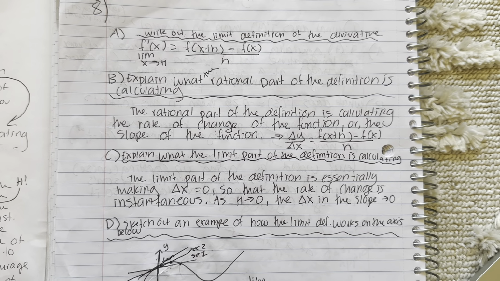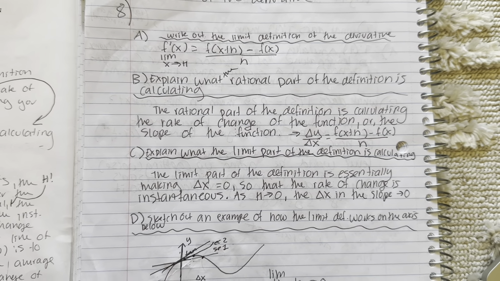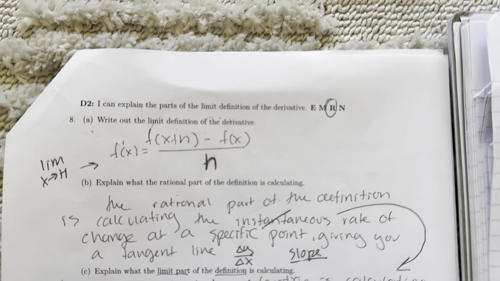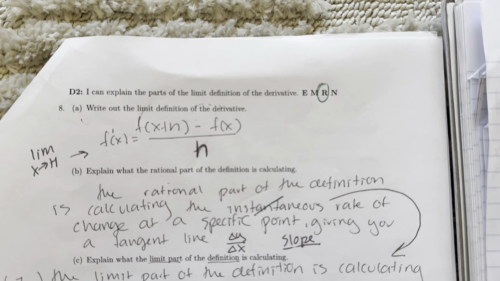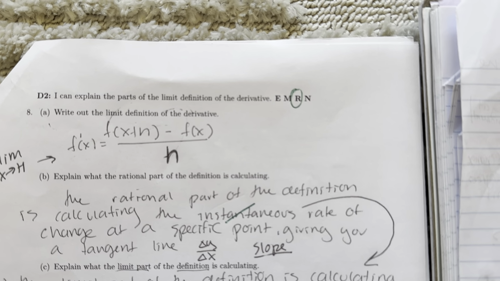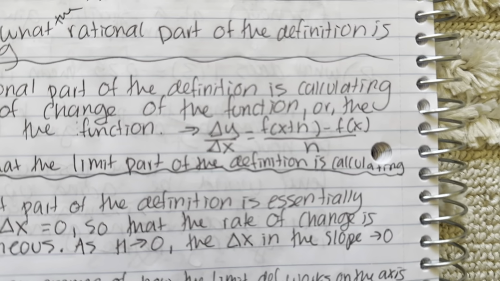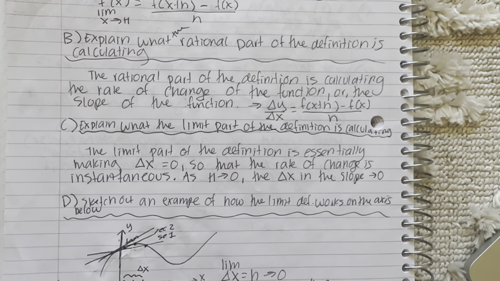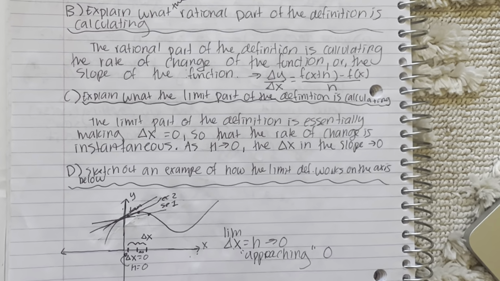So the rational part of the definition is calculating the rate of change of the function. That's this part, or the slope of the function. We're calculating the change of y over the change of x. Basically it gives you the slope of the function.